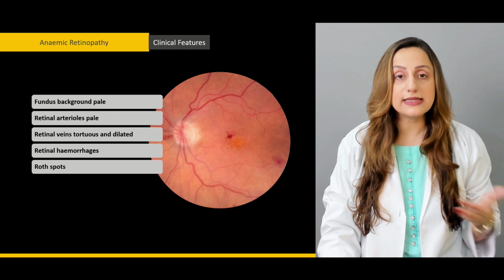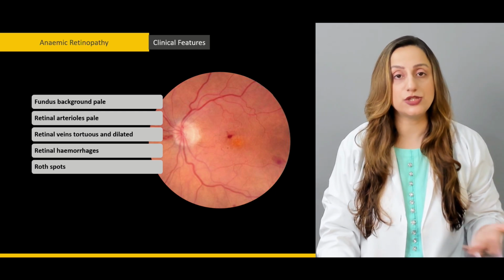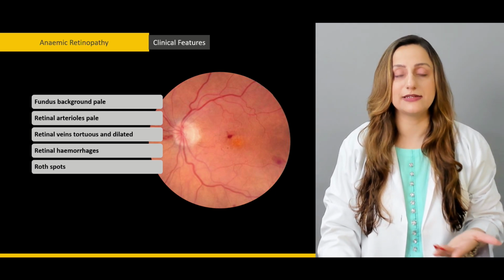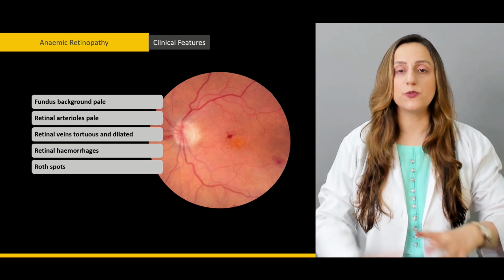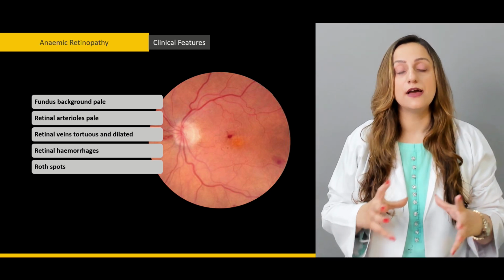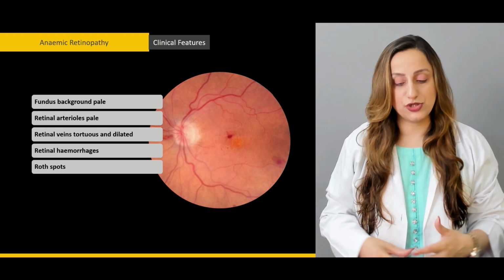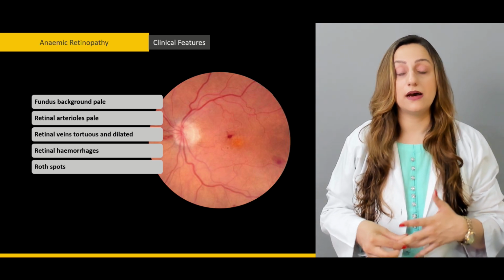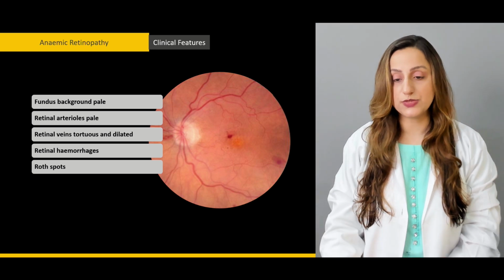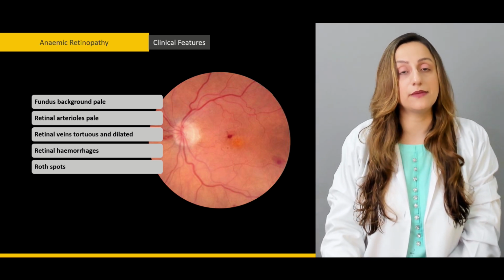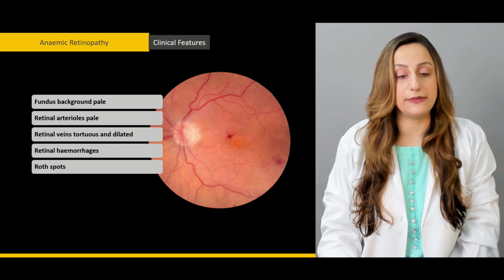It's a kind of hemorrhage that you usually observe in these anemic retinopathies. The white centers are basically the fibrin that is collected inside the hemorrhages. So these are known as the Roth spots, and they're quite characteristic in patients who are suffering from anemia.